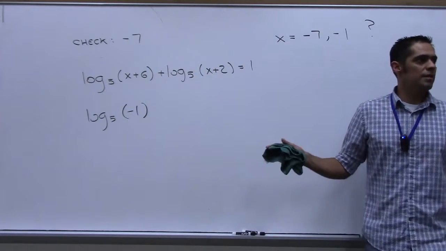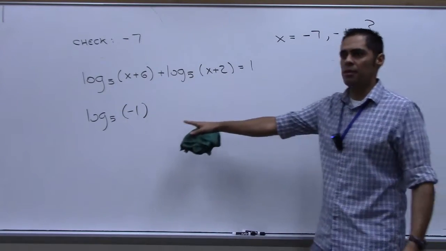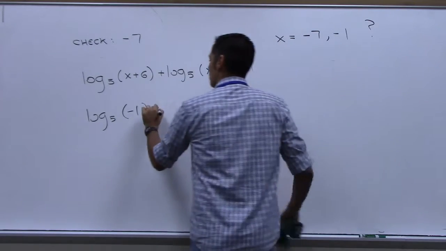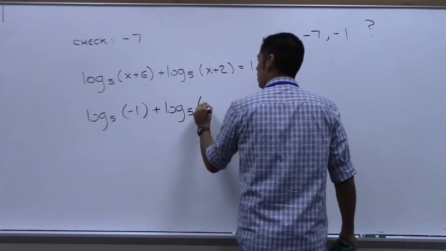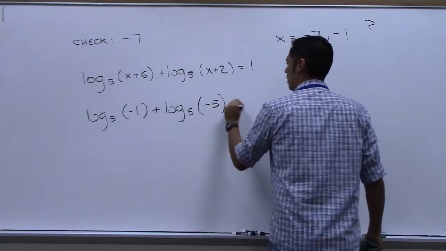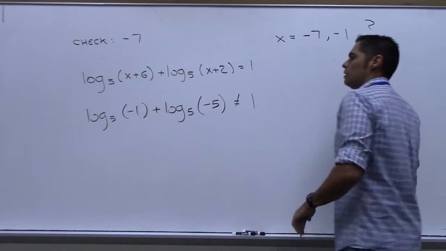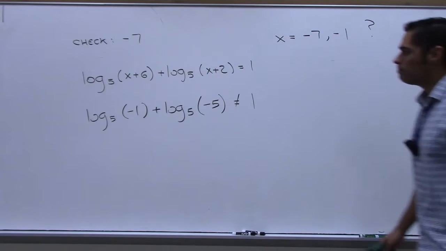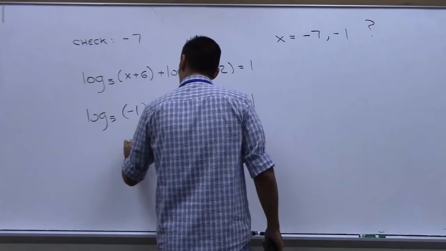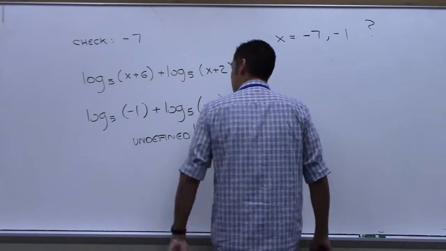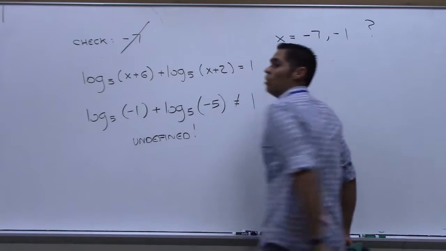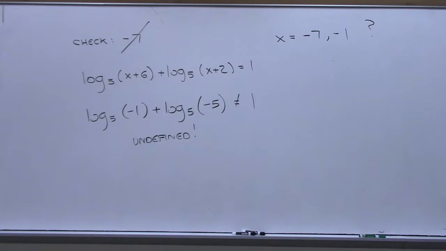I don't need to continue, but I'll write it out. I can't do this, right? You try and type that into your calculator, you're going to get an error. This is -5 here, equals 1. No way. Undefined, right? So that means I'm going to scratch -7 from my answers.